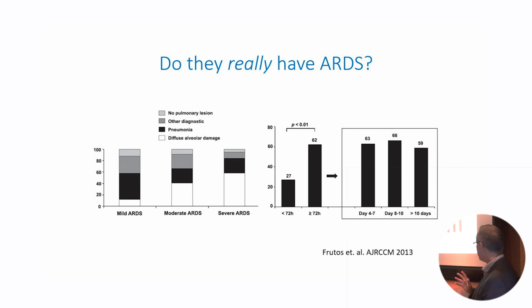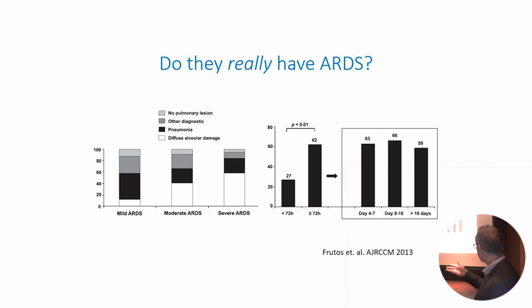And this maybe isn't so bad because another significant proportion have pneumonia, and some authors have argued that pneumonia is also a compatible pathologic finding with ARDS. But the thing that gets me is that approximately 15% of these patients actually have no discernible lung injury, which is shocking, but I think represents that these patients probably had atelectasis in life, because when they do the slides, they actually inflate the lung and then make the slides. So obviously that would resolve at the time of pathological examination.